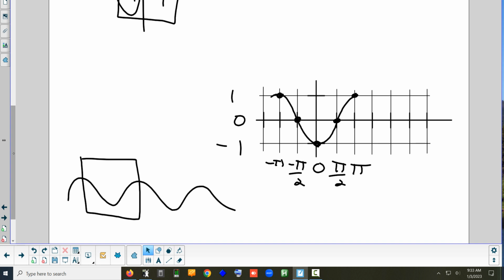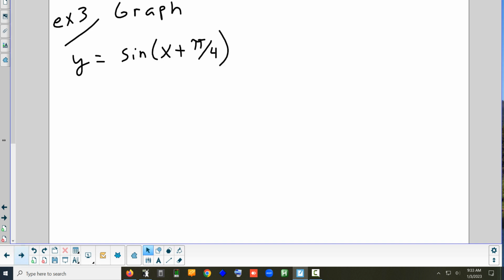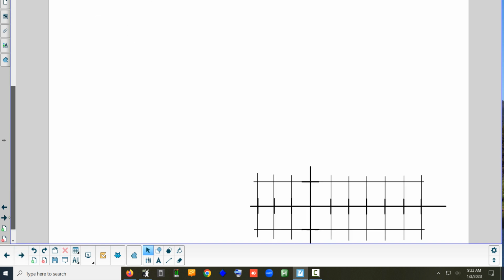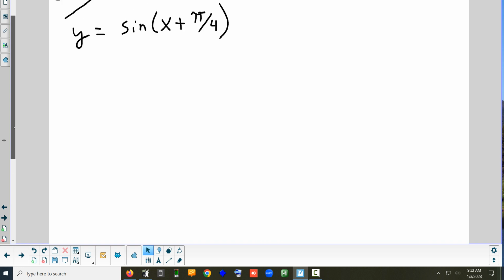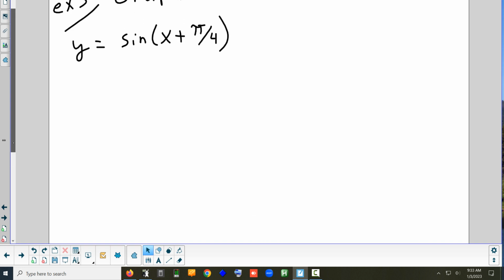Okay. Now, the last one, I don't want to go through the whole thing, but what I want to do is show you what's going to happen to the x values and something you have to be careful about when you do your spacing on your graph.